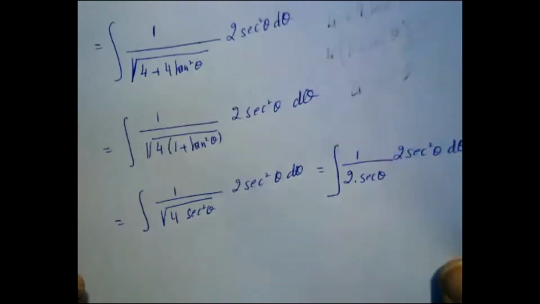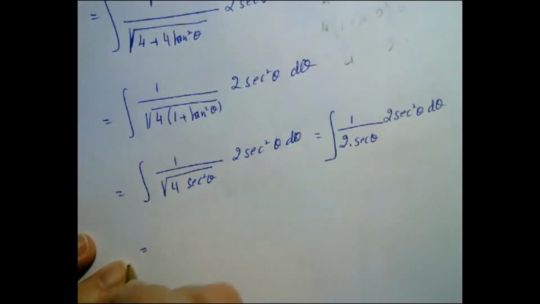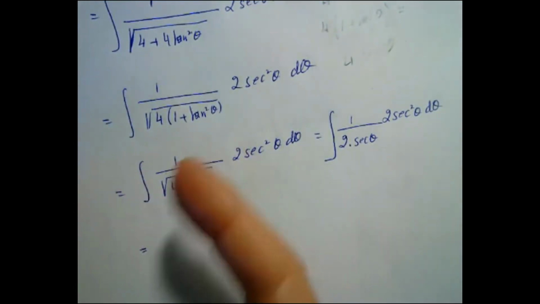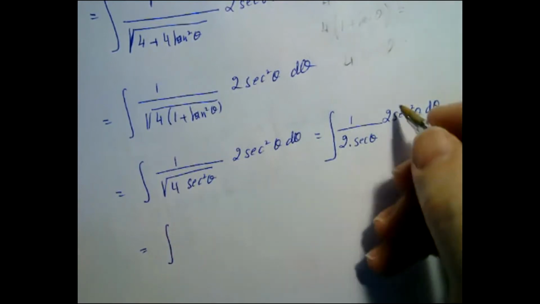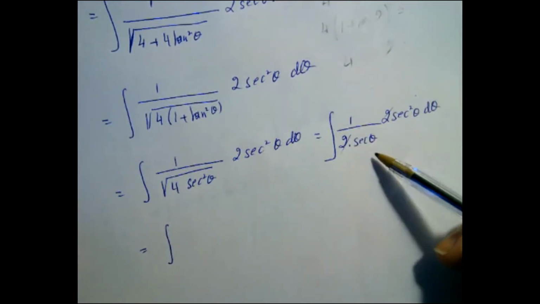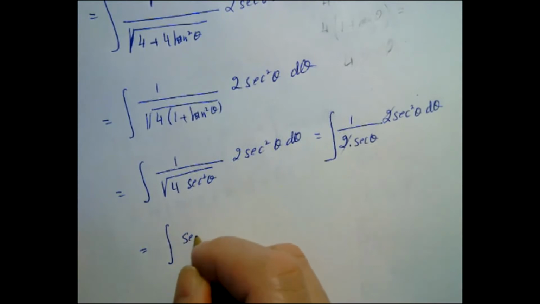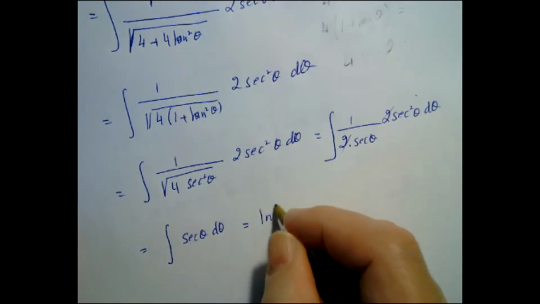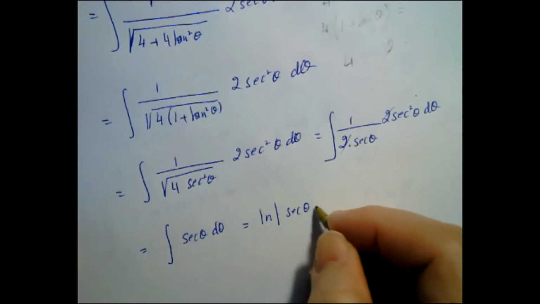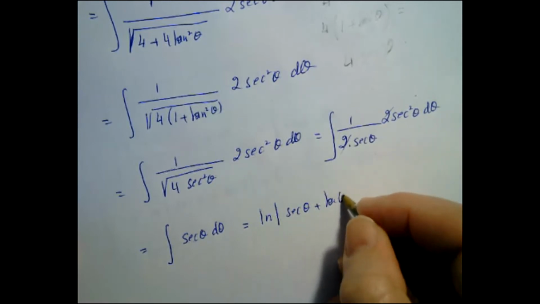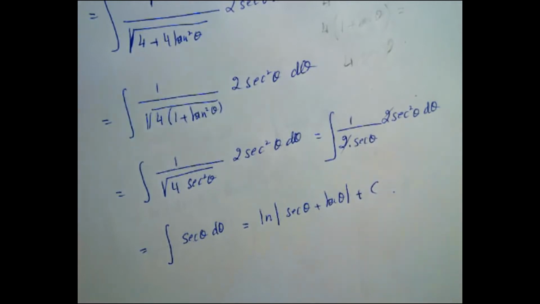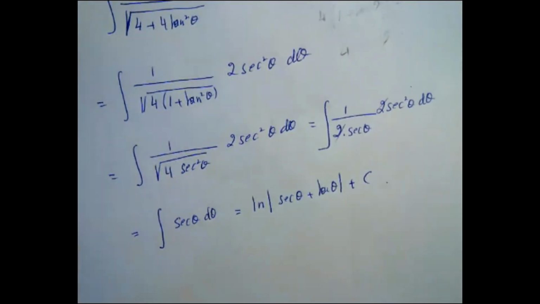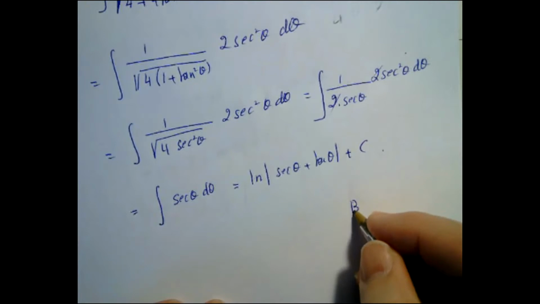Now my 2's cancel out, secant square over secant gives me secant theta. The integral of secant theta is ln of secant plus tangent, plus C. And now my last step in the game is back to x.